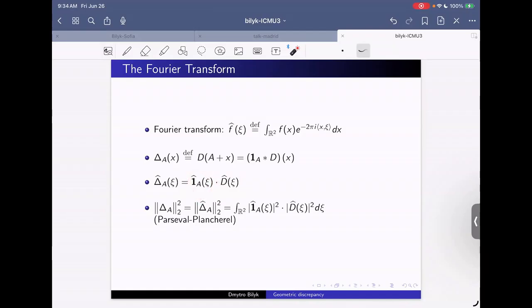And then, as I said, the lower bounds will be L2 lower bounds. So let's compute the L2 norm of this function. Again, you use this property and you use Plancherel. So it's the integral of these two components, the point component and the geometric component.